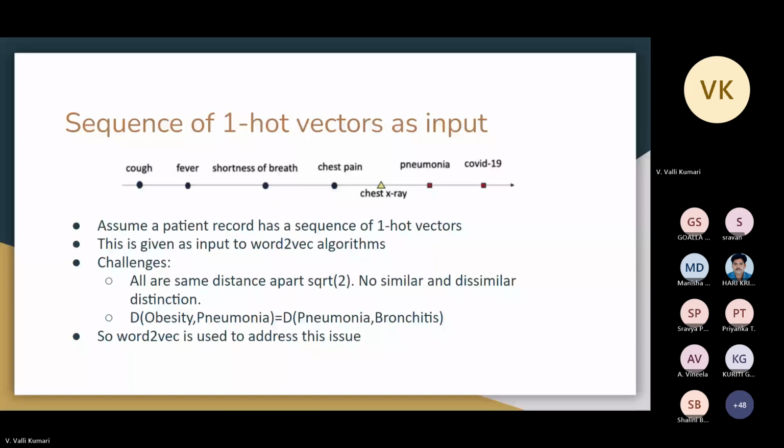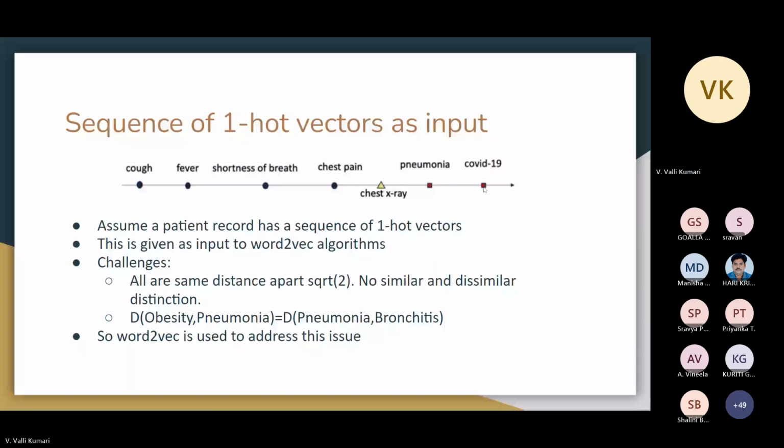Now all these, a sequence of one-hot vectors can be generated, and that is a patient record. So now when somebody comes for a chest X-ray, with that X-ray image, you must be able to predict it is pneumonia and later on maybe COVID-19.